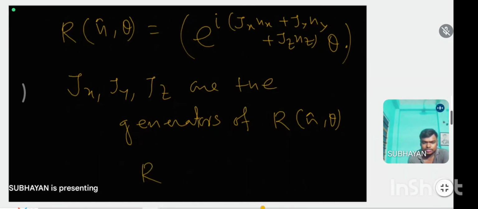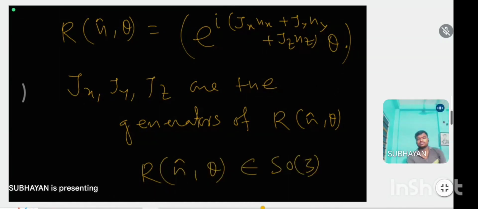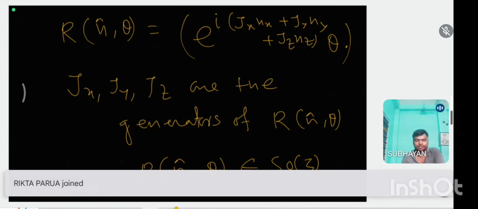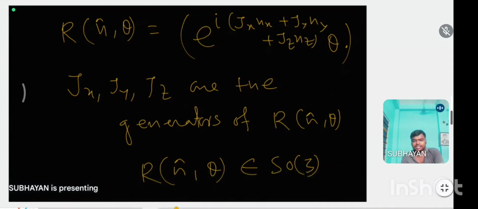These R of n cap theta belong to SO3, rotational matrices, and these matrices can be generated by this Jx, Jy, Jz with arbitrary angle theta. That's why these are the generators.